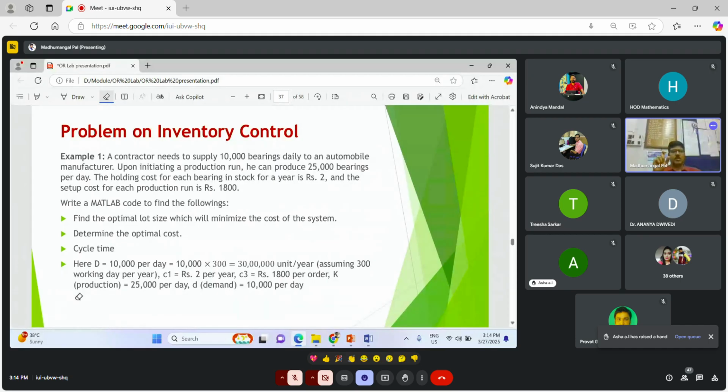To solve an inventory management problem, there are a lot of parameters, concepts, and possibilities. Also the demand of a market for a particular commodity is not fixed. It is probabilistic. Sometimes it is a fuzzy quantity.